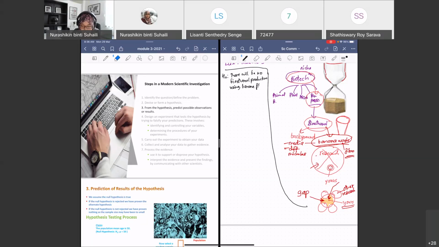You can see the words no production. The alternative hypothesis: there will be bioethanol production using banana fiber.